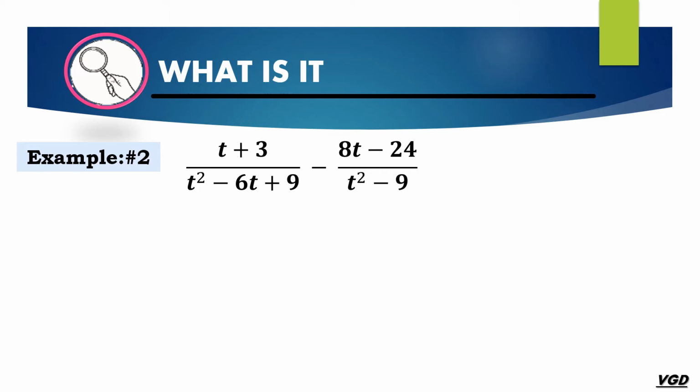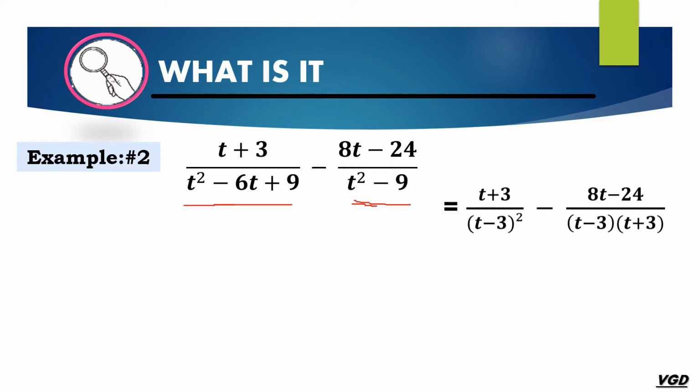In this case, we cannot easily get the LCD because we still have to factor the denominators, t squared minus 6t plus 9 and t squared minus 9. For t squared minus 6t plus 9, we can factor this since it is a perfect square trinomial. And for t squared minus 9, we just have to use the difference of squares in factoring it.